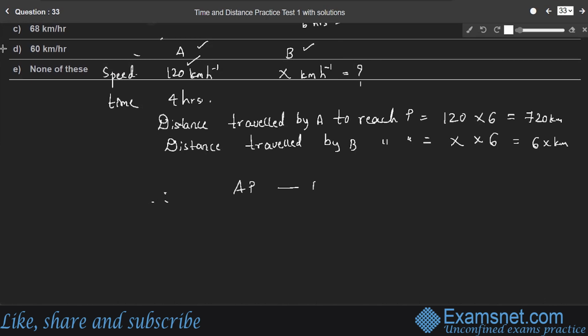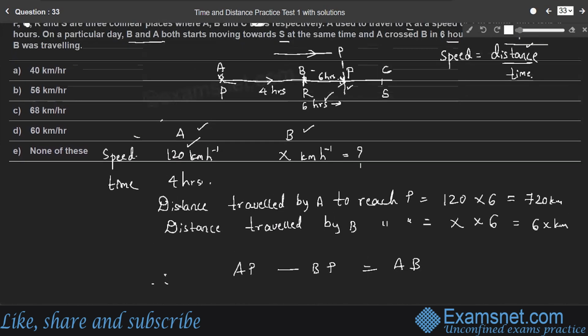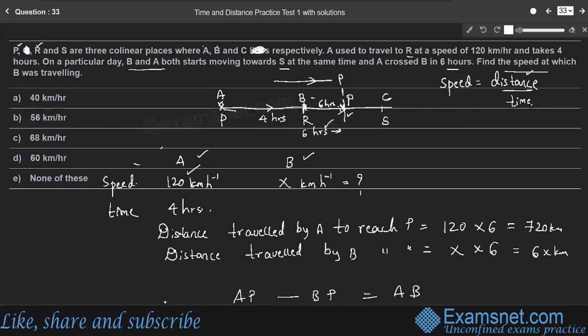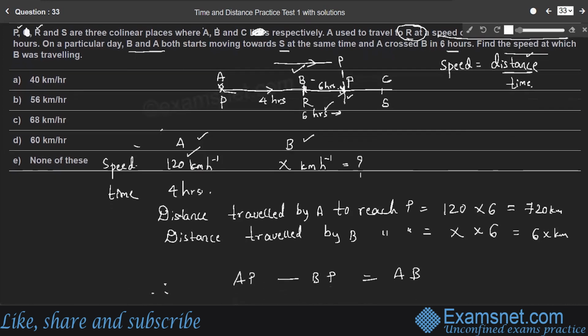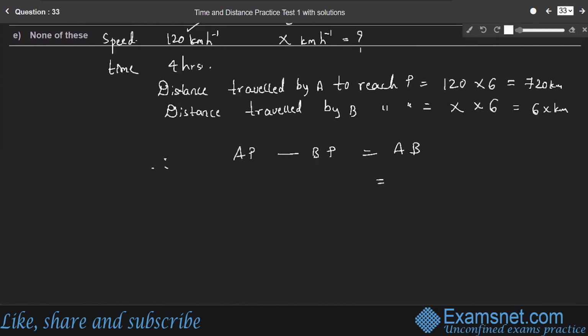What is the AB distance? It is given already. A is moving with the speed of 120 kilometer per hour and takes 4 hours to reach R, to reach B. The AB distance is A's speed, which is 120 kilometer per hour, into 4 hours, speed into time taken, whereas AP is 720 kilometer minus BP is 6x.